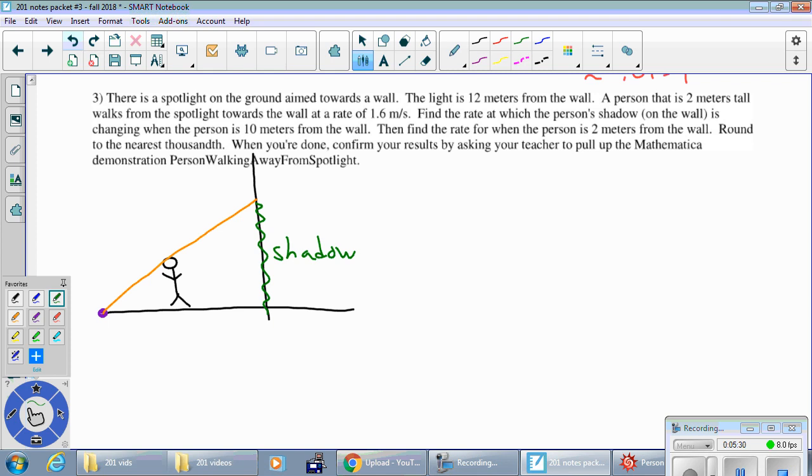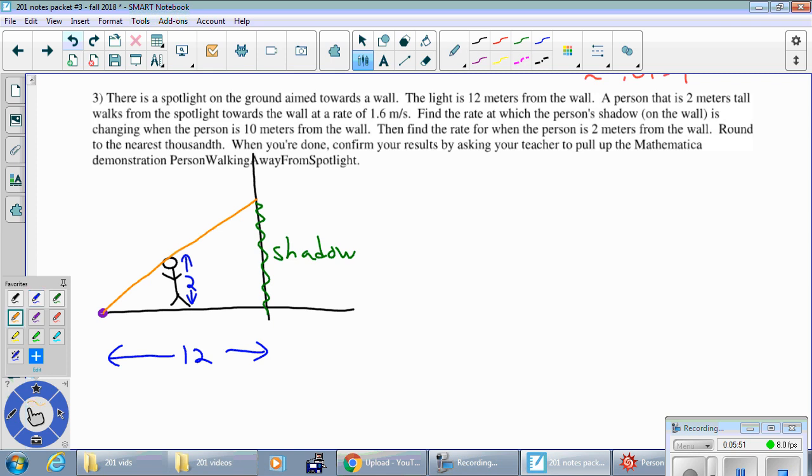Okay, and so what do we have here? We got 12 meters between the wall and the light. And a person is 2 meters tall, so let's put that fixed at 2, there to there. And the person is walking from the spotlight towards the wall at a rate of 1.6 meters per second.